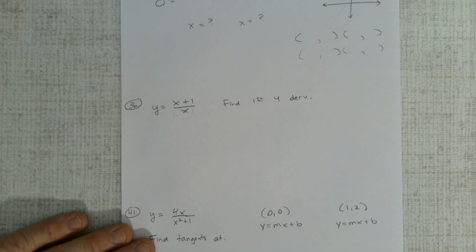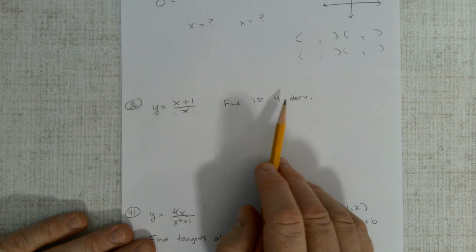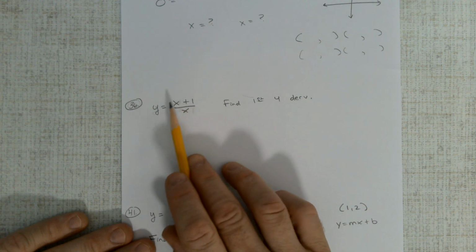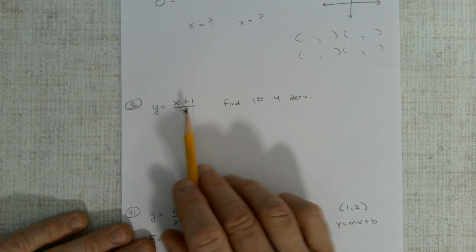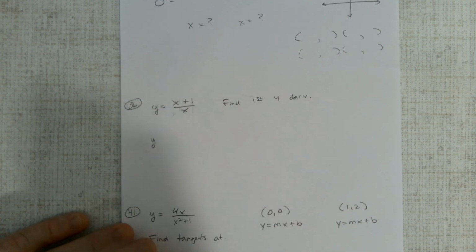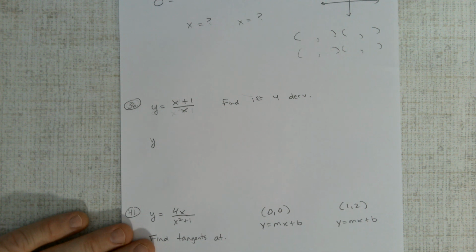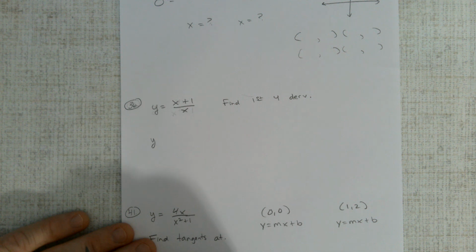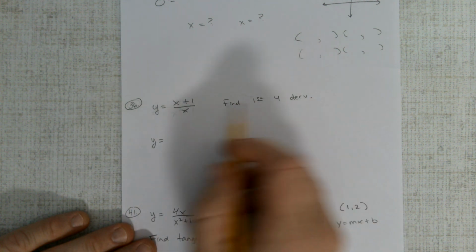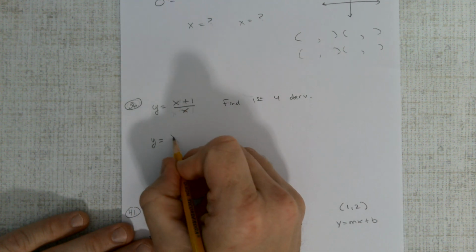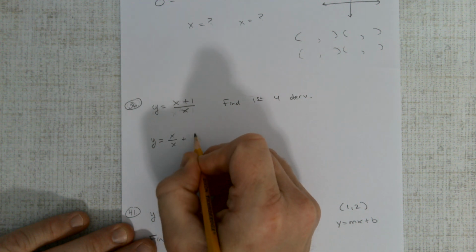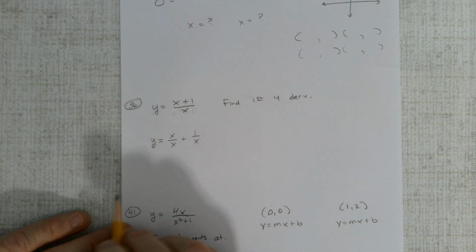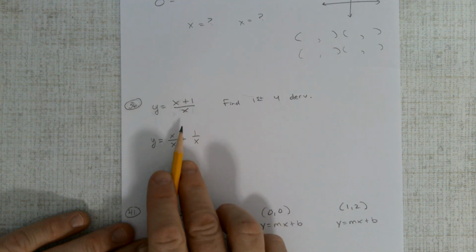36 says find the first 4 derivatives of this function, and so we just go through the line and we just keep going on down and down and find the derivatives. You could do the quotient rule here and it might work out nice, or you could change the format here. Wouldn't this just be x over x plus 1 over x? Because you have the same denominator, and then we add this.